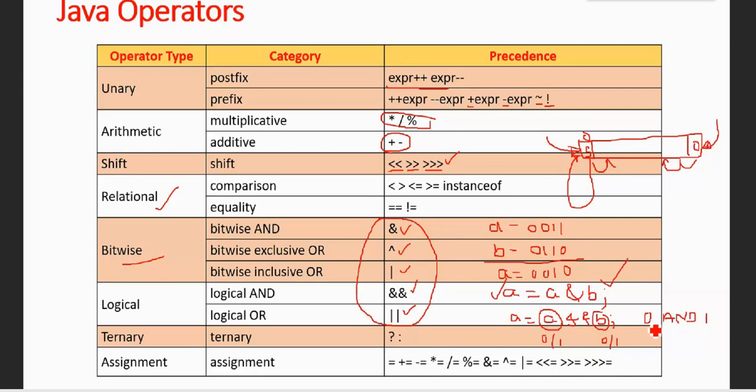For that reason, whenever we need a bitwise operation result, we need to go for the single ampersand and the exclusive OR operator. If you want to perform this type of operation, then we need to go for the logical operators.